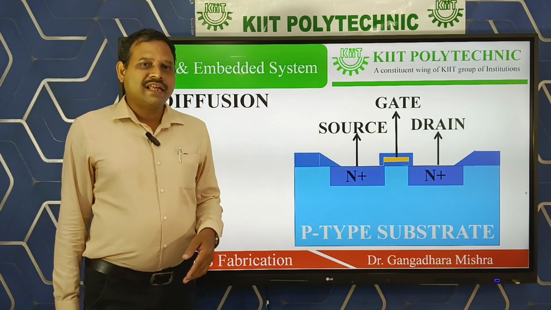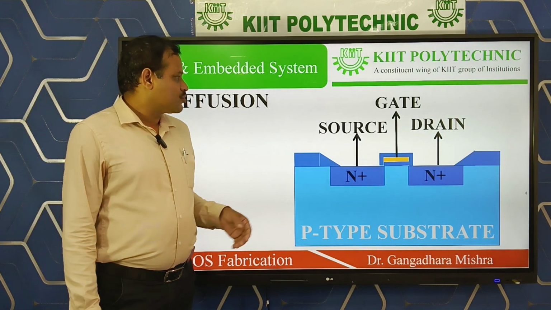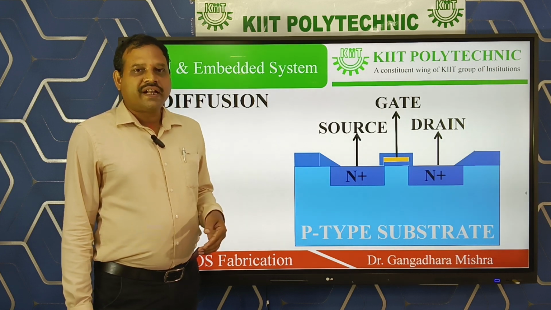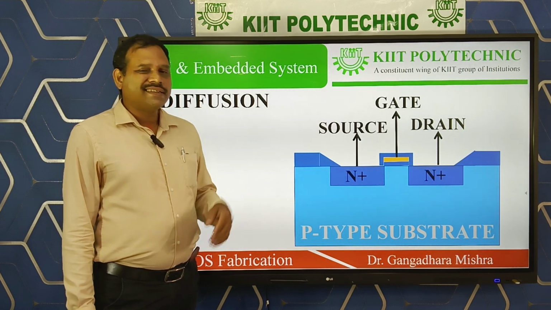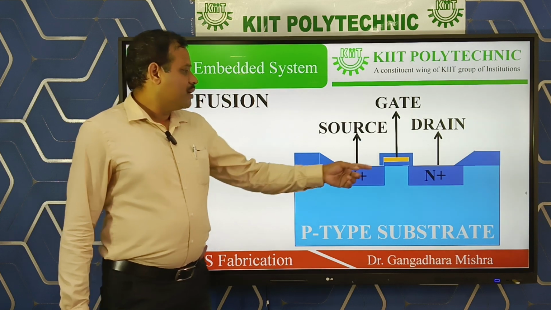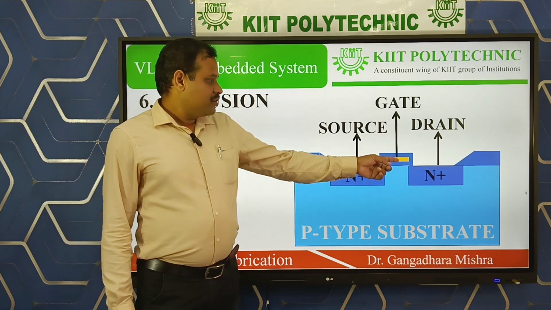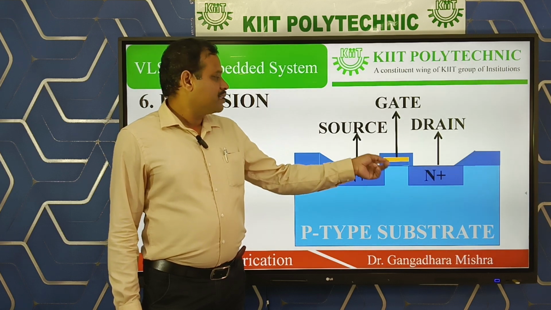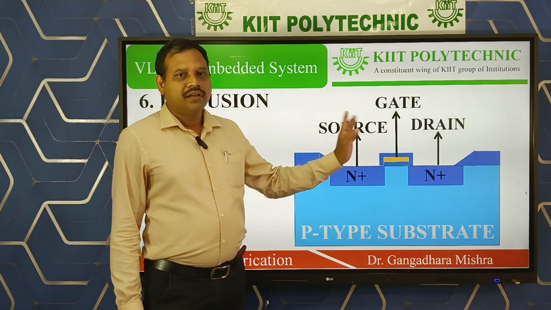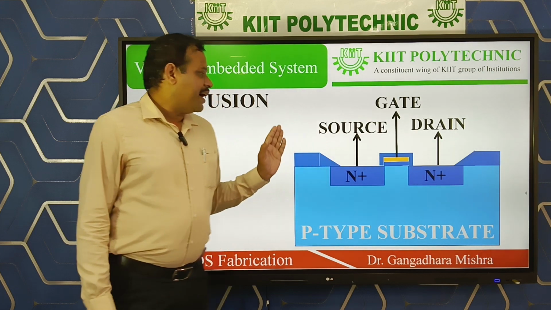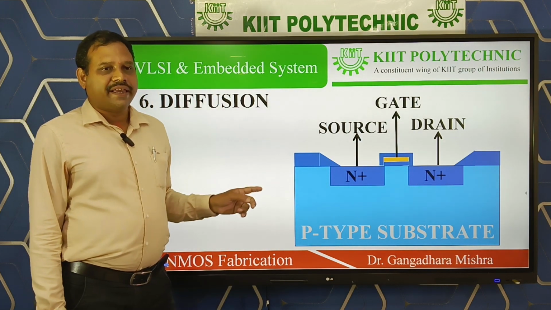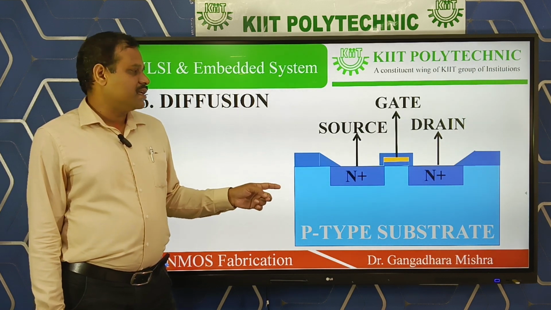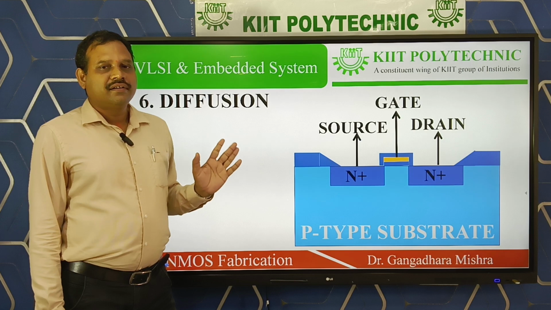The next step in this process is to create the gate and the source and drain regions. To create the gate region, first a thin layer of silicon dioxide is created. Thereafter the polysilicon gate is applied, and on insulating that gate region, we diffuse the N plus regions as source and drain.